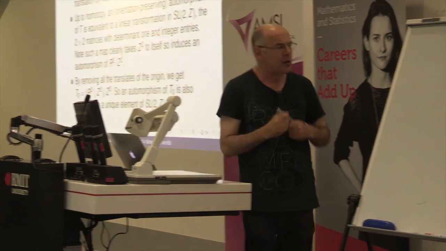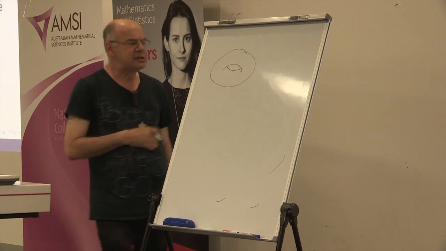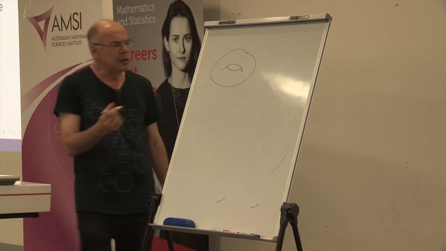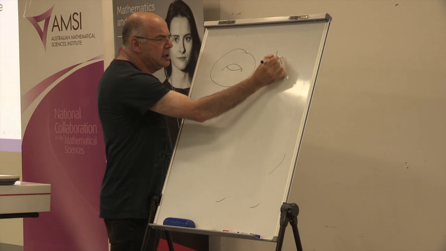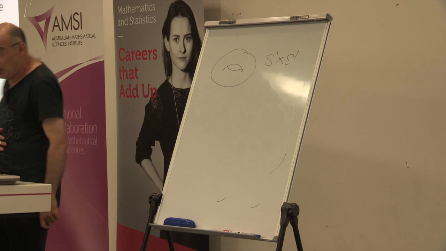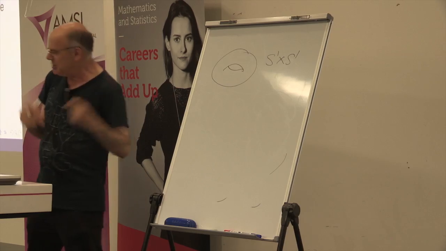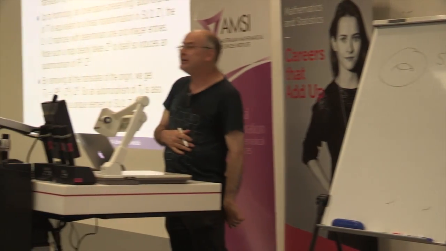Okay, so the two torus, there are lots of different models of it. We can think of it as the Cartesian product of a circle with itself, or we can think of it as the boundary of a donut or a bagel, depending on what you like to eat.